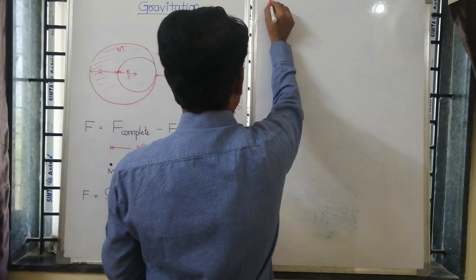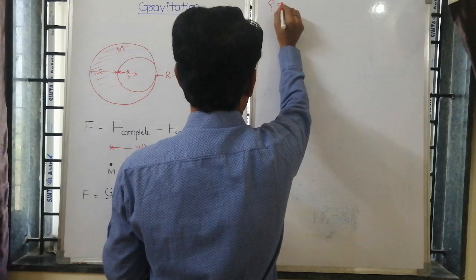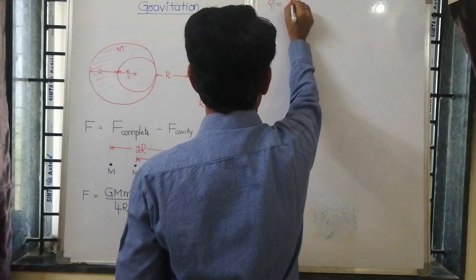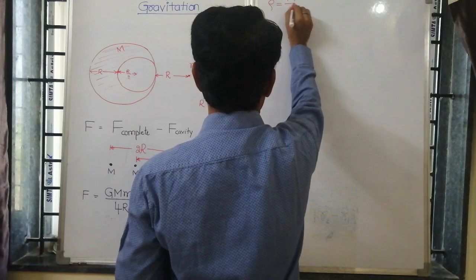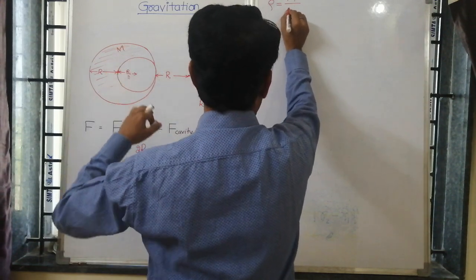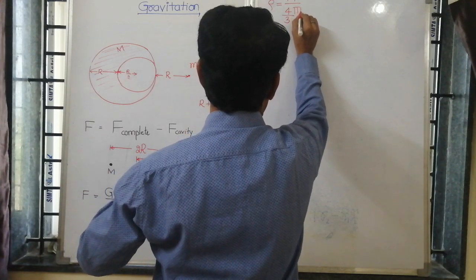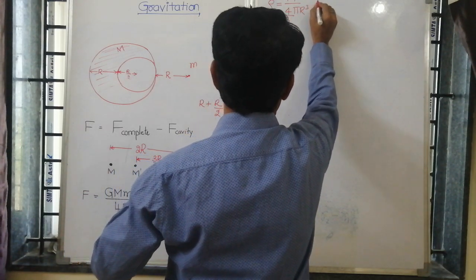Here, since it is a sphere, I can say volume density. You can represent it by rho, which is equal to total mass divided by total volume, 4 by 3 pi r cube.